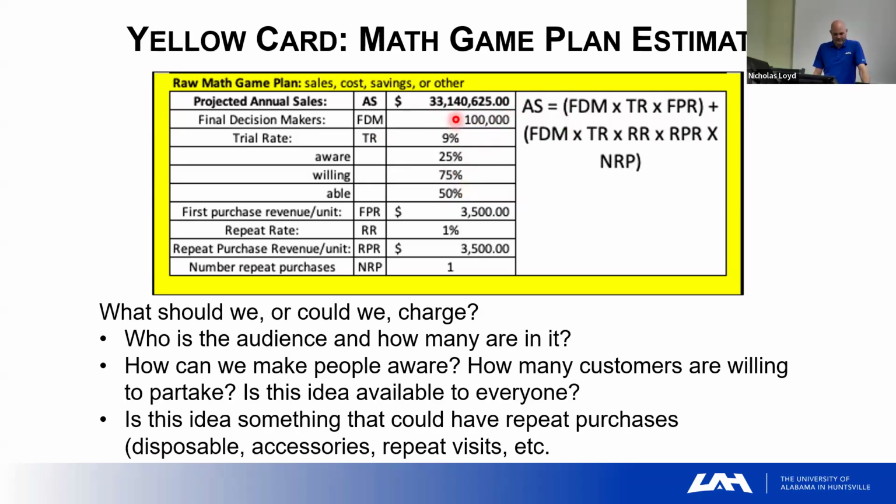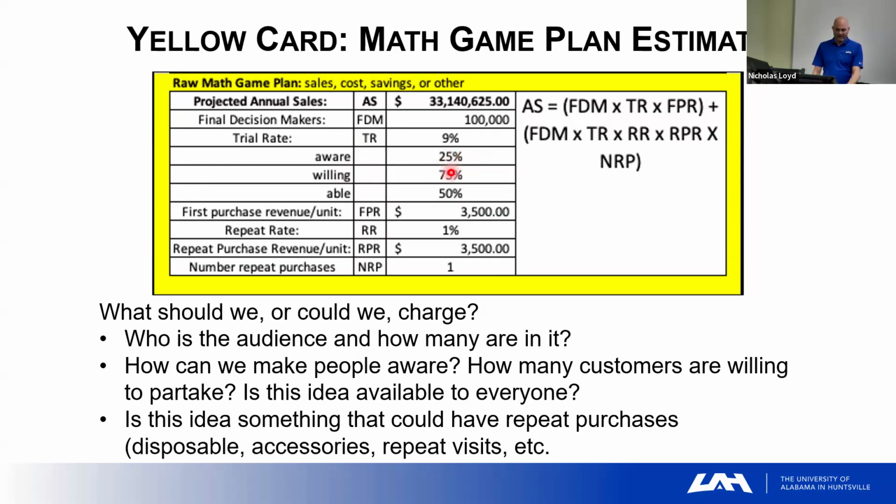There might be 100,000 commercial fishermen. Okay. But of those 100,000, maybe only 25,000 are aware that it exists. And again, this is just an estimation. So that brings it down to 25,000. And of those 25,000, maybe only 75% of those that are aware are actually willing to try.